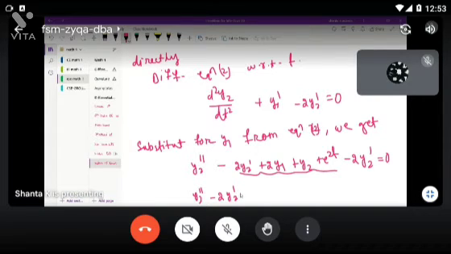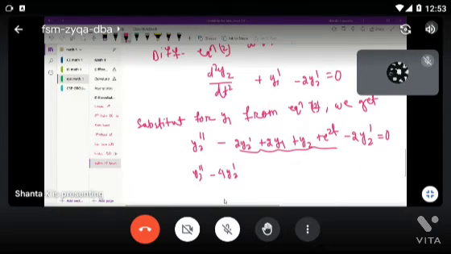These are the derivative terms. Plus y2.